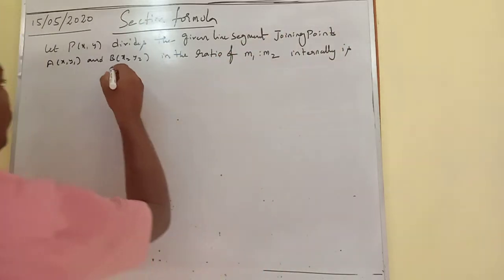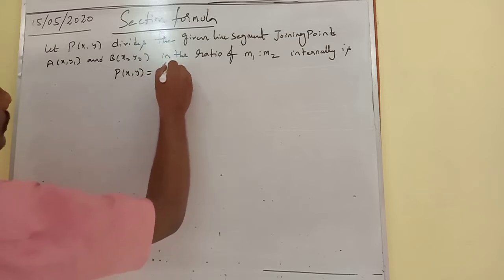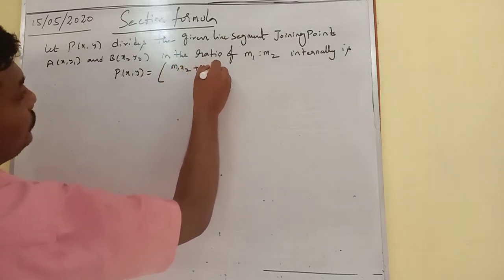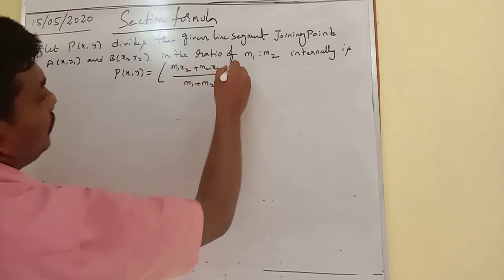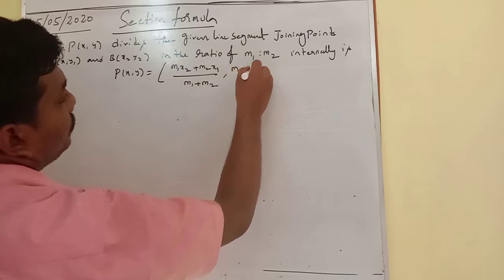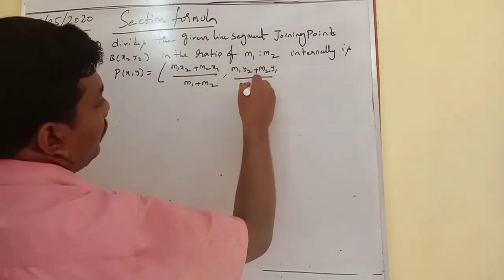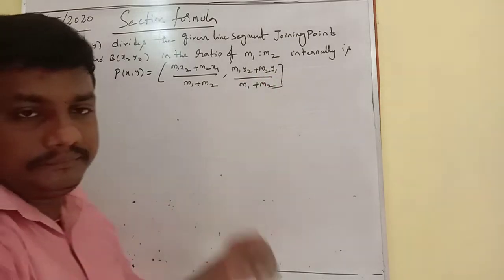Then P of (x, y) is equal to (m1 x2 plus m2 x1) by (m1 plus m2), comma (m1 y2 plus m2 y1) by (m1 plus m2). So this is the statement.